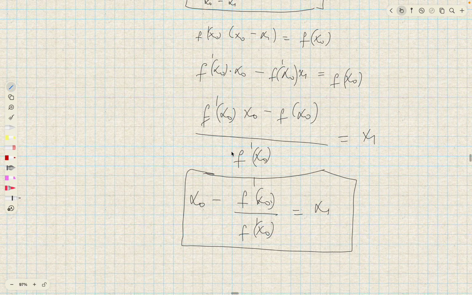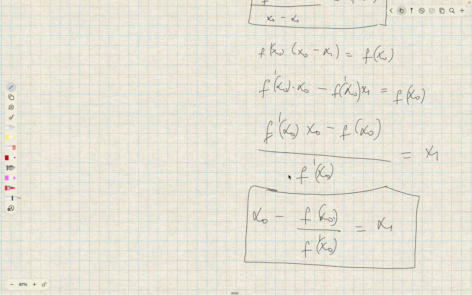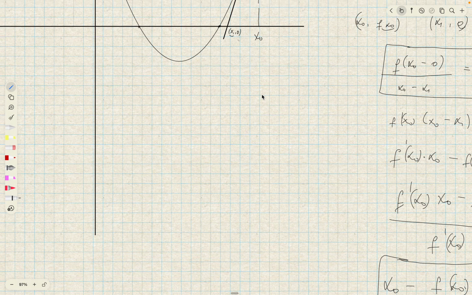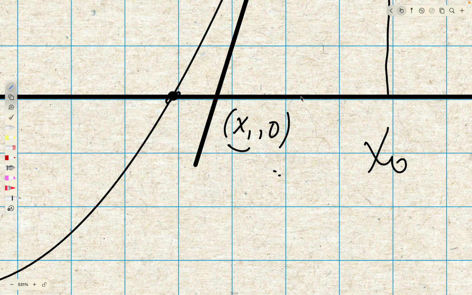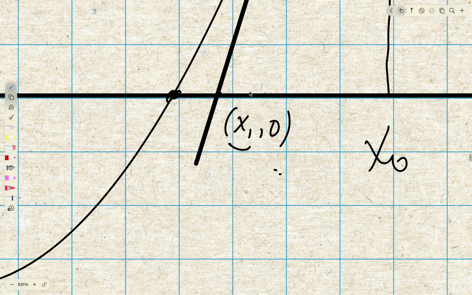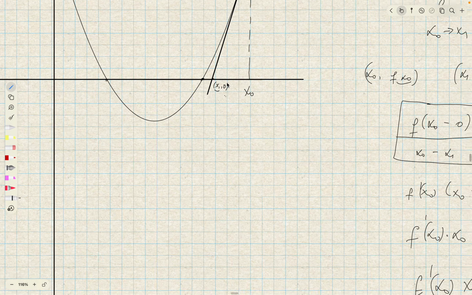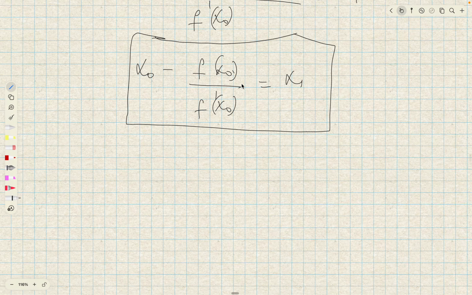So we have the formula: x1 equals x0 minus the value of that function at x0 divided by the derivative of that function at x0. So with this formula we can find x1. Once we know x1, we can repeat the same process one more time.